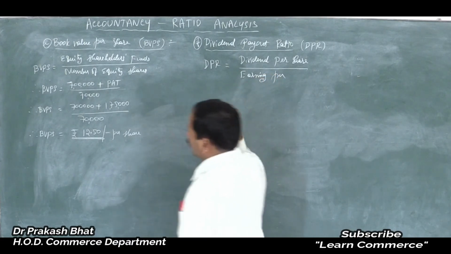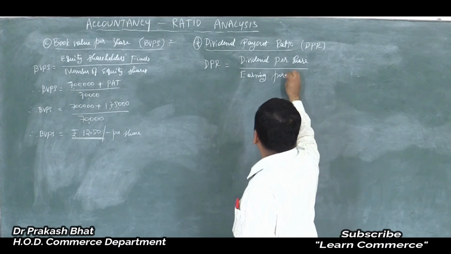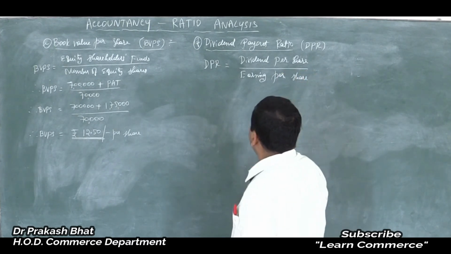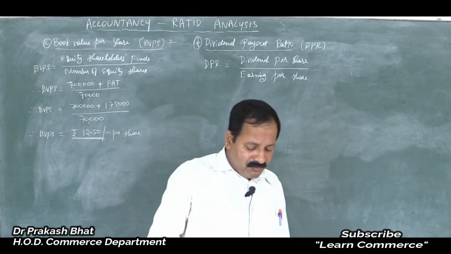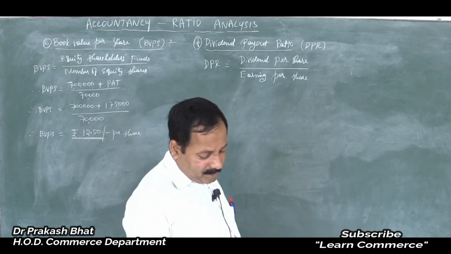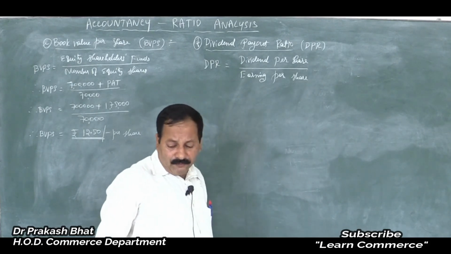Earning per share you have already calculated, am I correct? That is PAT divided by number of equity shares, and you have got 2 rupees 50 paise, 2.5, isn't it? Dividend, how much? What is the face value of the share?